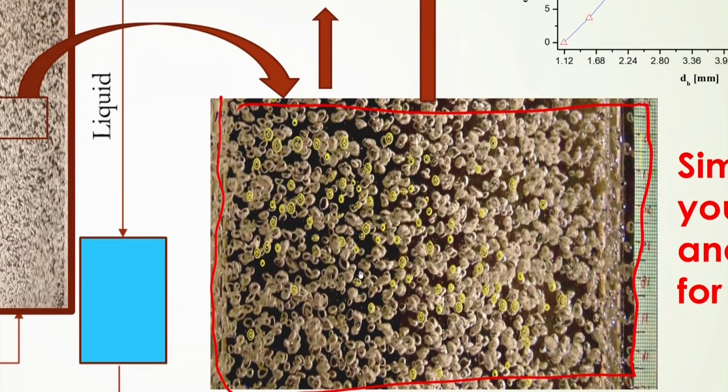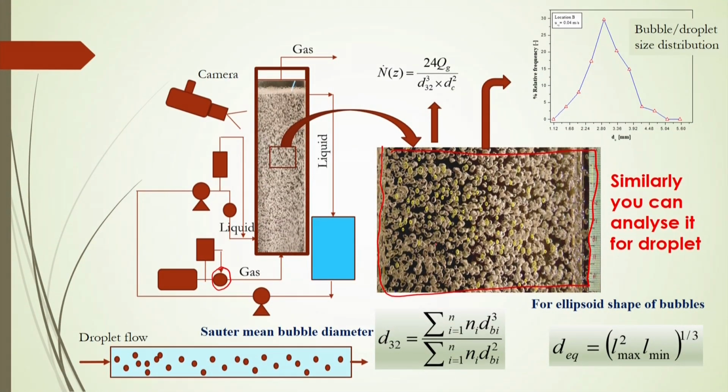You mark out this bubble, and you measure the perimeter of this bubble. For that you have to use image analyzing software like ImageJ, Image Pro Plus, or some other commercial software. There are several different types of software available in the market, and by that software you can directly measure the perimeter of this bubble.